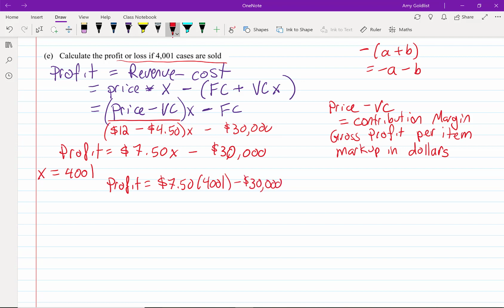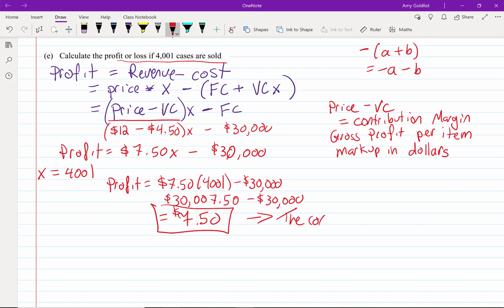Putting that into my calculator, I end up with $30,007.50 minus $30,000, which gives me 750. That's the contribution margin. That isn't a coincidence.